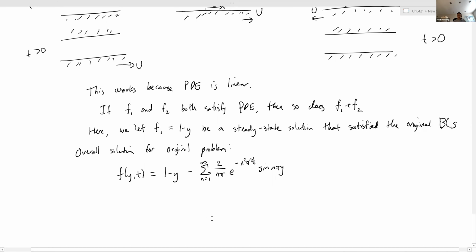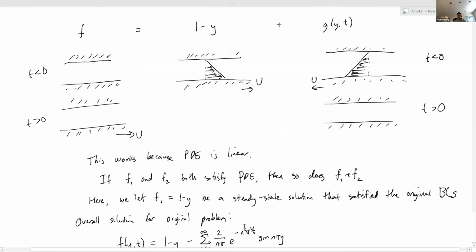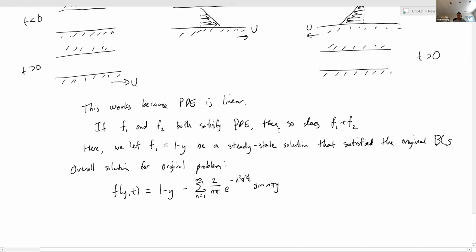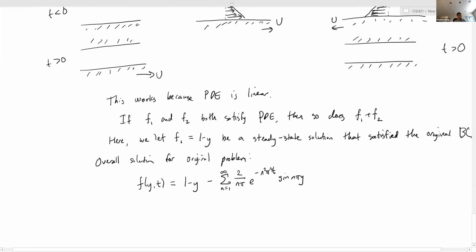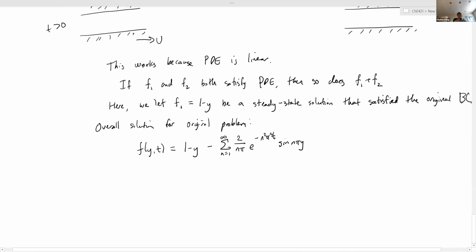And the way we do this, again, is that we calculated a solution that looks like this using FFT, and then we just added our steady state solution to that. Again, we can try and plot this later on, and I should be able to show you that this totally works out.